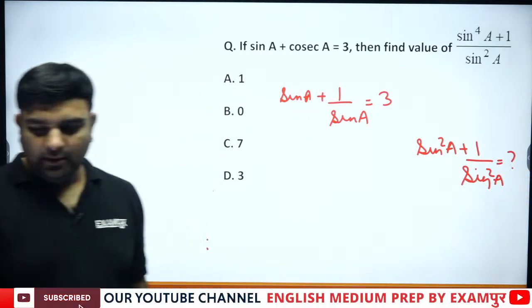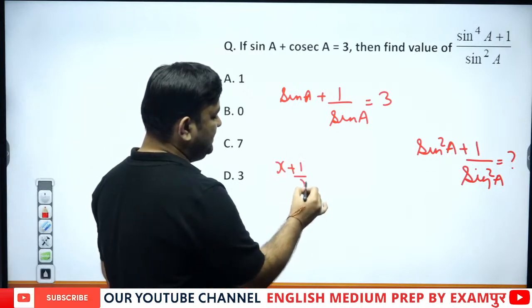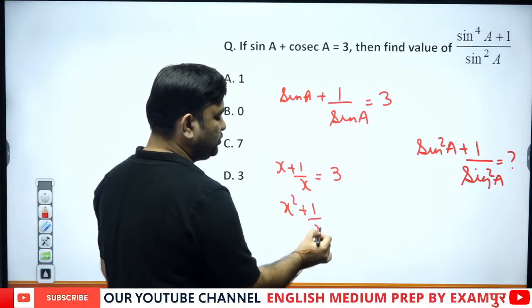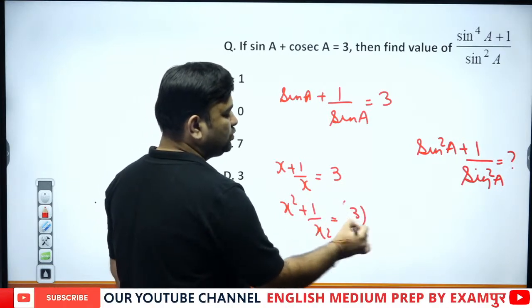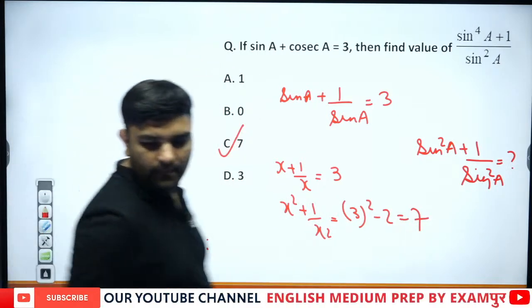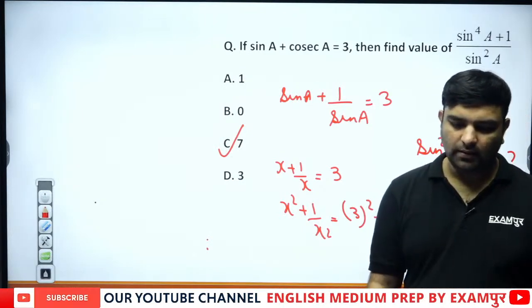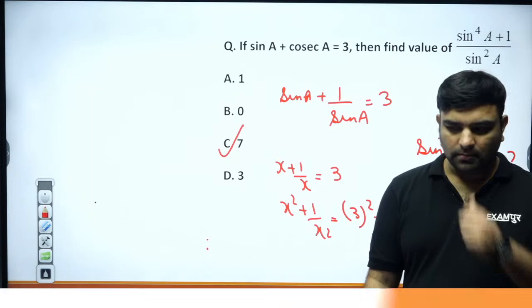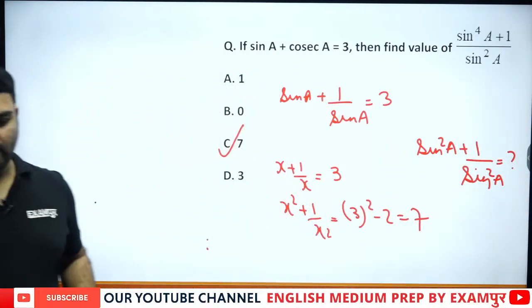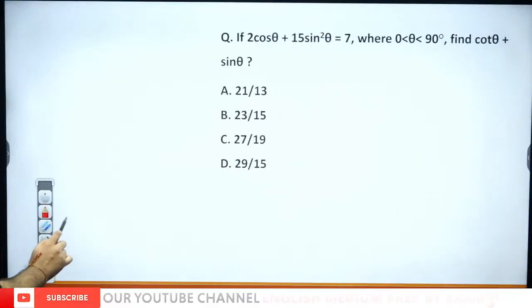It is given that x plus 1 upon x equals 3, and x square plus 1 upon x square is going to be 3 square minus 2, which is 7. Next.